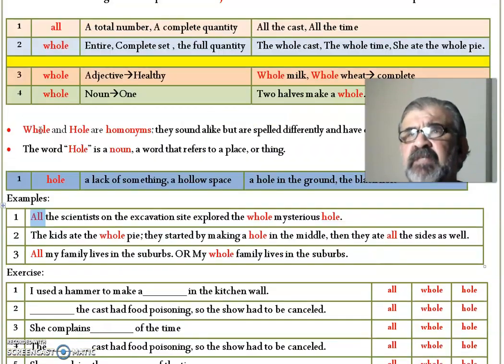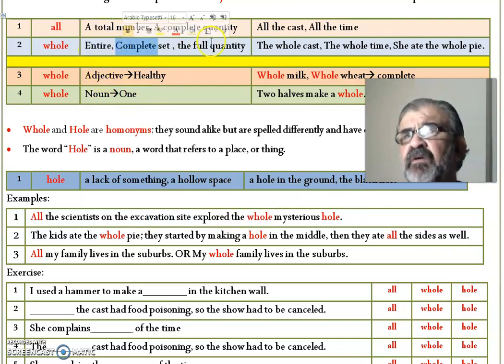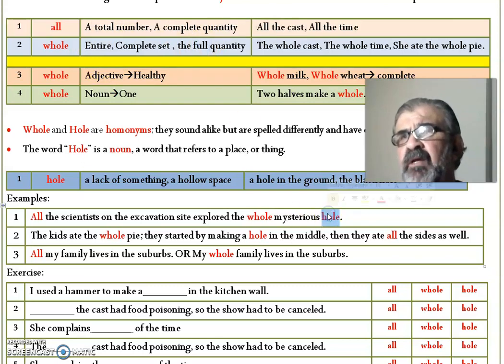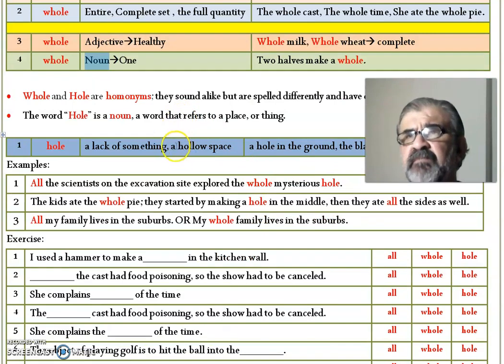All used as a total number or a complete quantity. Again, all the scientists, a total number, complete quantity. On the excavation site, explored the whole, adjective, means entire, complete, full. Hole, used as a noun in the meaning of a hollow place.